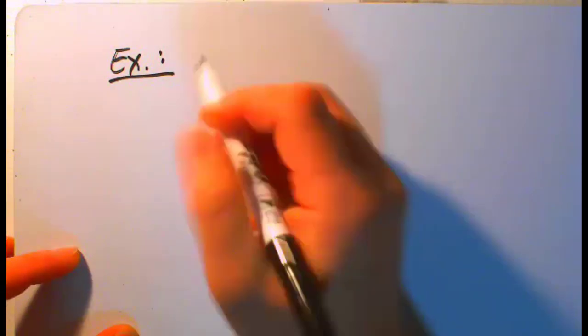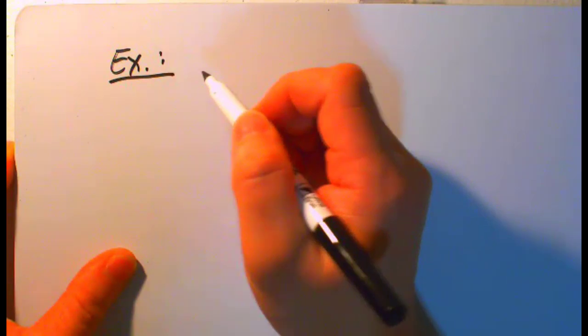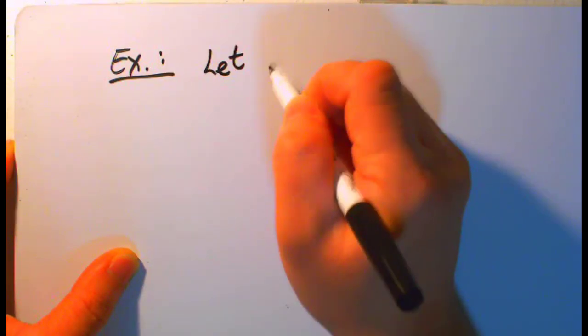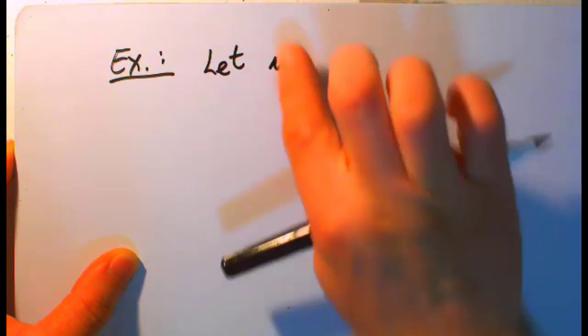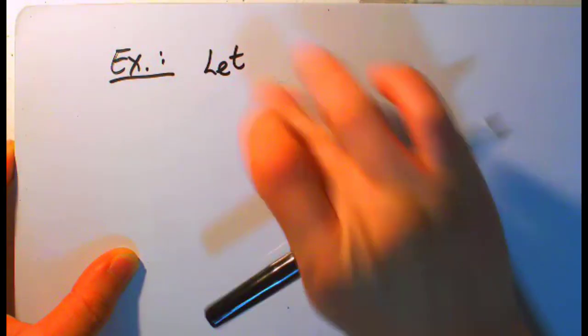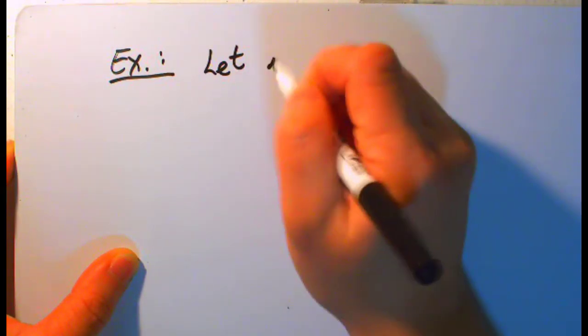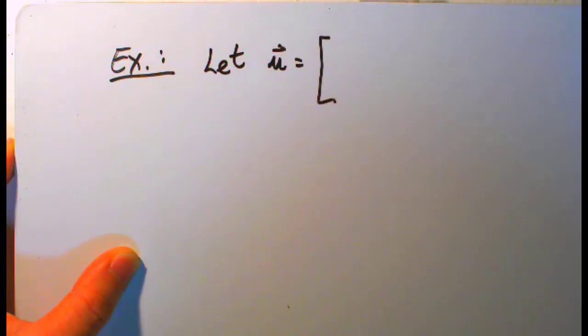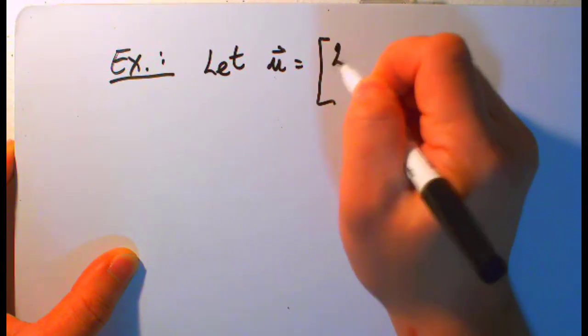All right, so let's look at another example. Let's use the vector u that we've used in the earlier example, 2, 1.